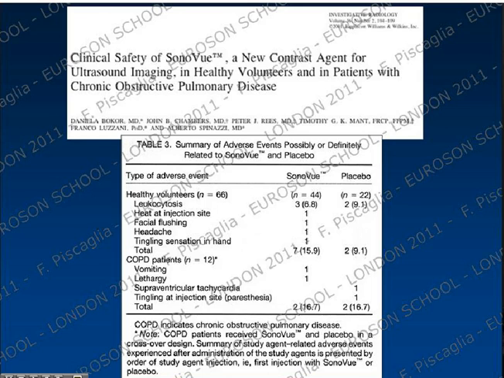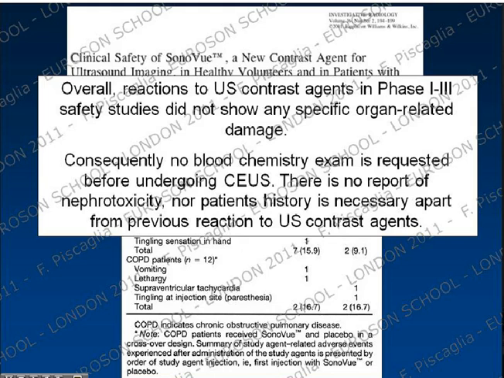Therefore, there was a need for investigation in this situation, and SonoVue indeed was tested also in patients with chronic obstructive pulmonary disease, and the rate of events in patients was the same as in patients treated with placebo. So taken all together, all these studies showed that the reaction to ultrasound contrast agents in studies that were dedicated specifically to investigate the safety of these agents did not show any specific organ-related damage.